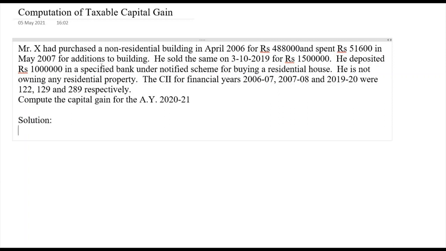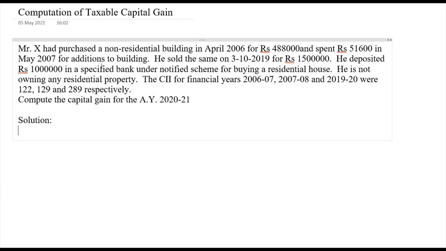First let's understand what is given. Mr. X had a non-residential building purchased in April 2006 for rupees 4,88,000 and spent rupees 51,600 in May 2007 for additions to the building. So we have to find the indexed cost of acquisition and indexed cost of improvement. He sold the same on 3/10/2019 for rupees 15 lakhs.